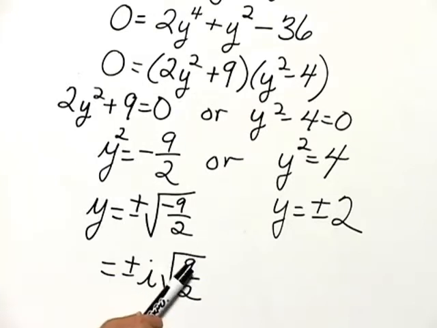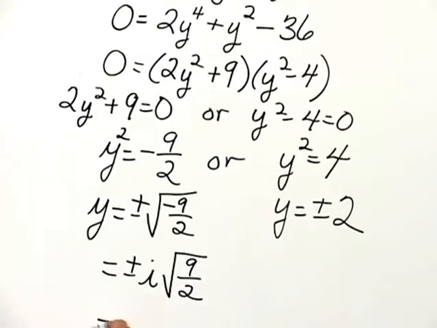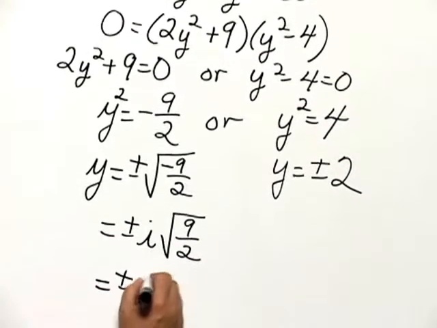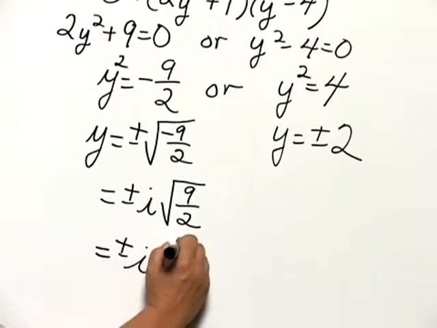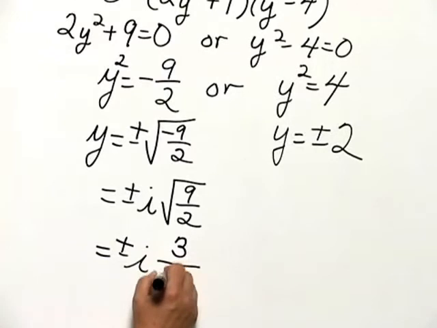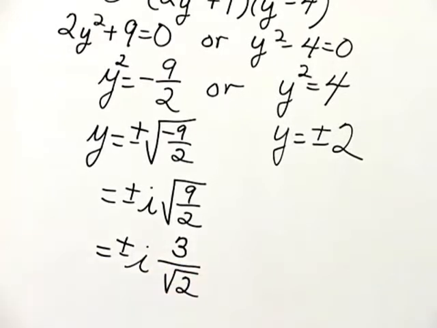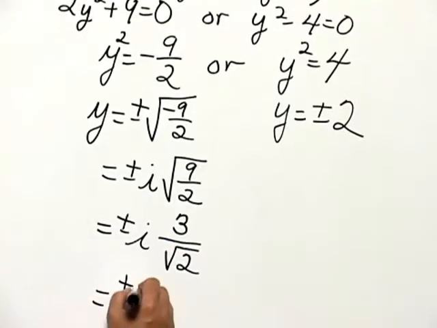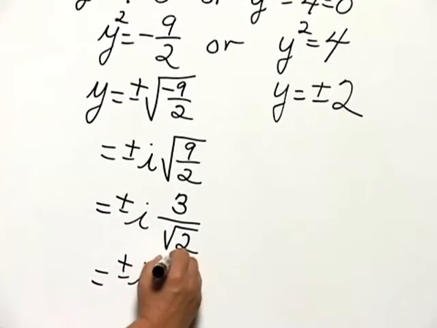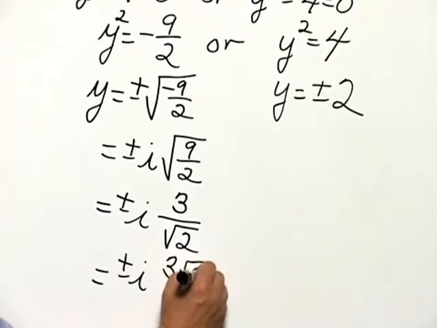If we take the square roots of the numerator and denominator, we have plus or minus i times the square root of 9 is 3 over the square root of 2. And then multiplying numerator and denominator by the square root of 2, we would get plus or minus i times 3 square root of 2 over 2.